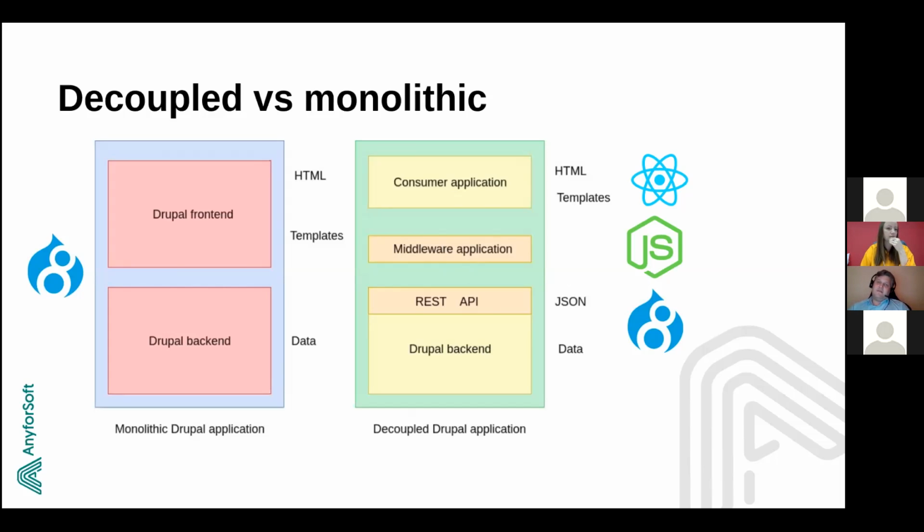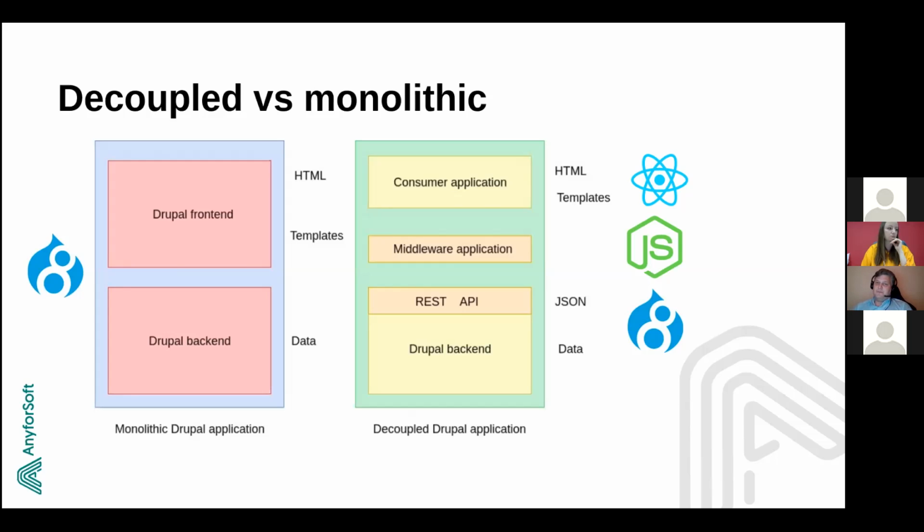And at the front side, we have the consumer application, which could be based on React, or React Native if we have, for example, a mobile application. It could be, for example, a React Gatsby application.